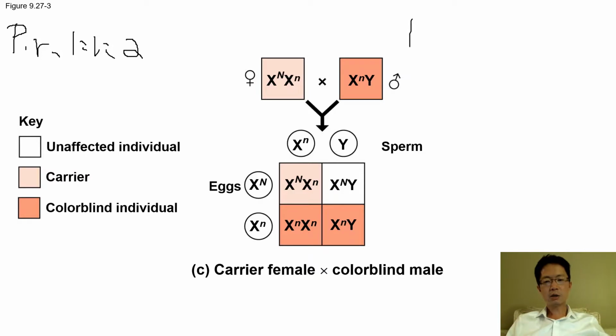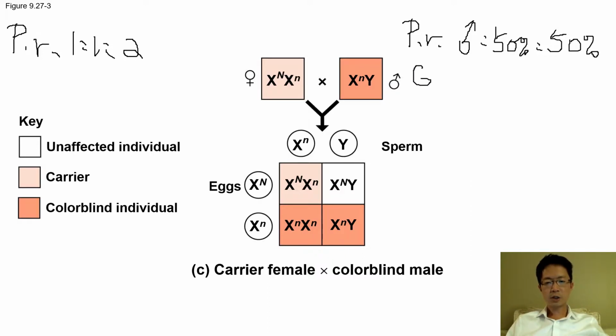Now let's take a look at each gender. The phenotypic ratio for boys is the same, 50-50%. The genotypic ratio for boys is also 1 to 1.